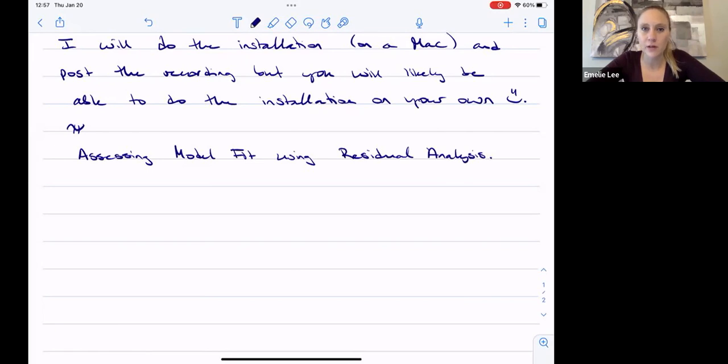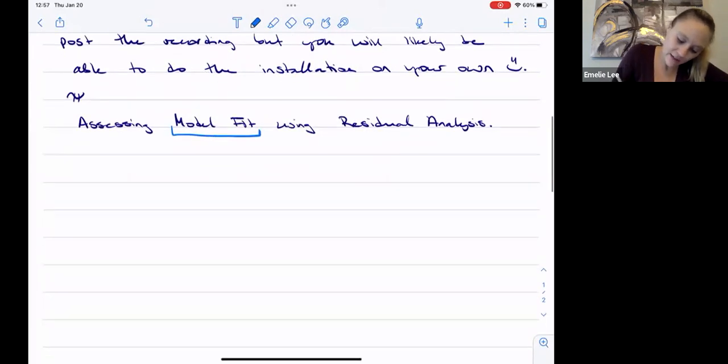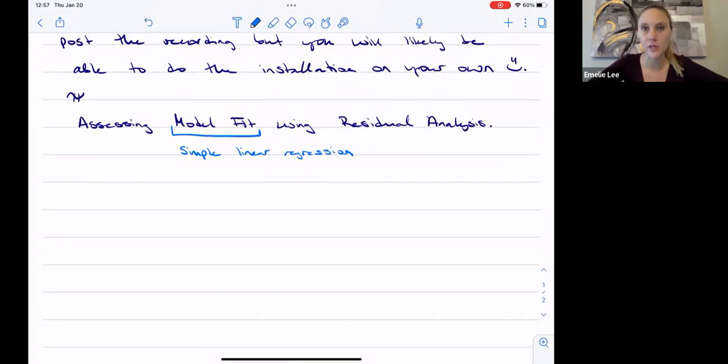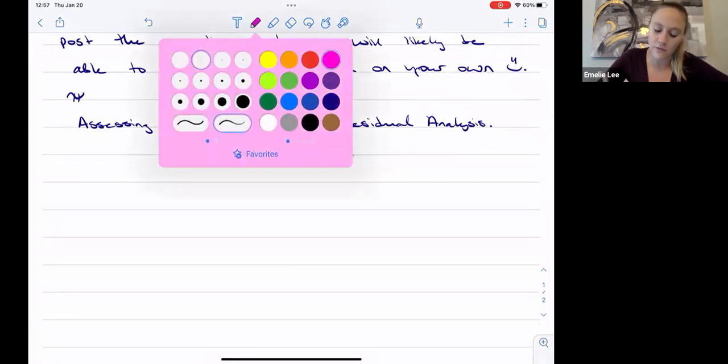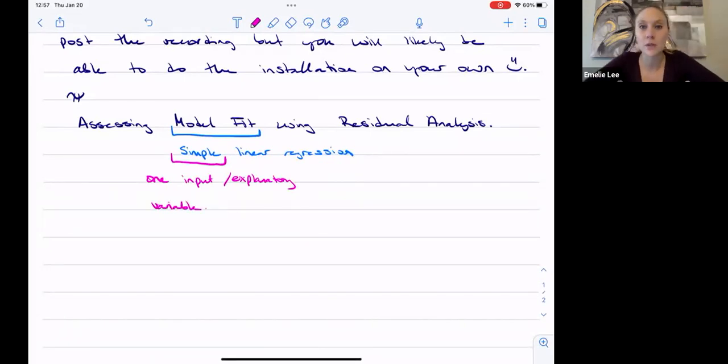So once you fit a model, and for now we're just going to focus on a simple linear regression, let's break that up so that we're really clear on what I mean. Simple doesn't mean not complex. It means that there's only one value of X, so one input or explanatory variable. That's what we mean by simple.